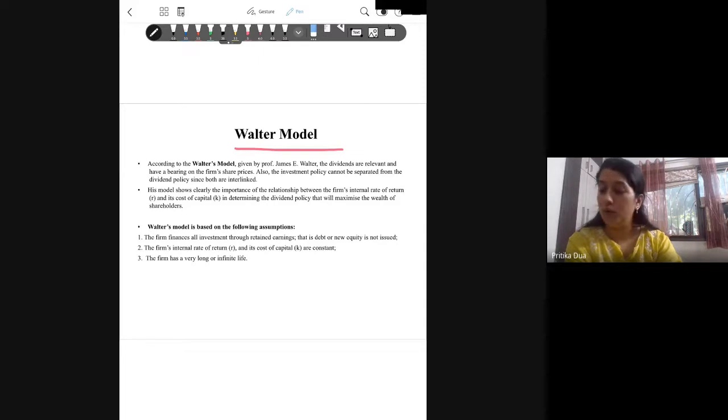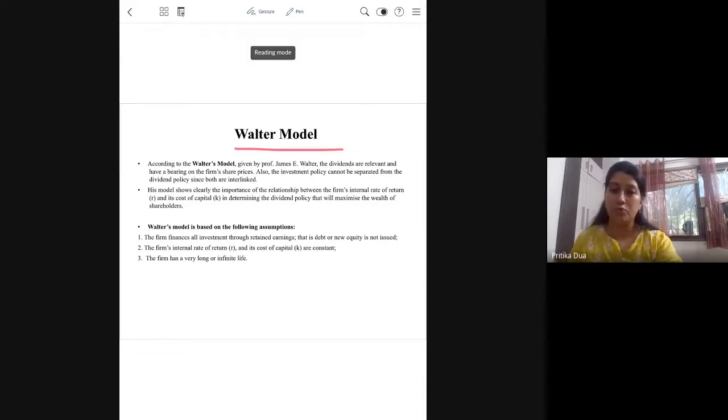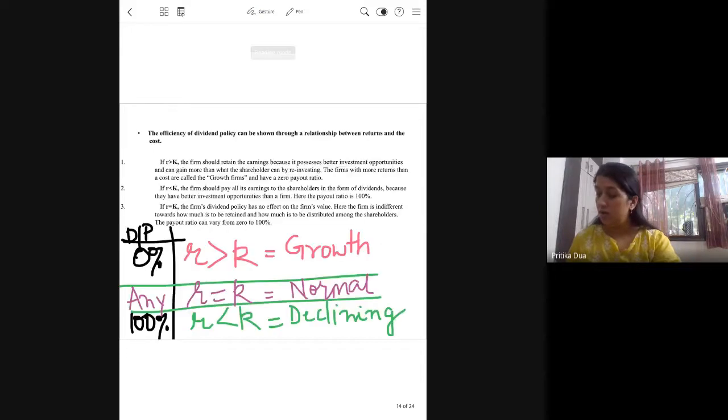So this is what we covered in the Walter model. I'll quickly move through. This is what I've already explained to you, that you can have three types of firm: a growth firm, a normal firm, or a declining firm, depending on the relationship between R, the return on investment earned by the firm, and K, the overall cost of capital.